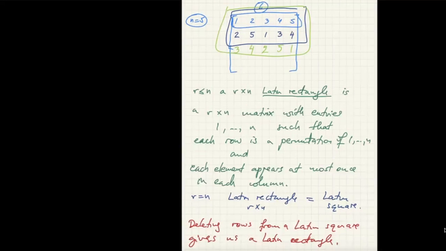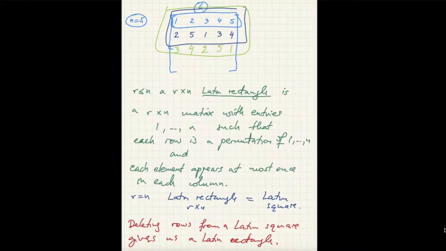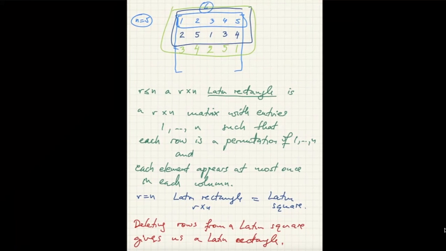But how about the opposite? So if we have a Latin rectangle, let's say we have an R by N Latin rectangle, something like this.